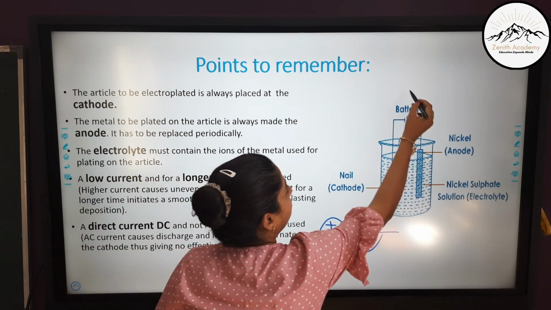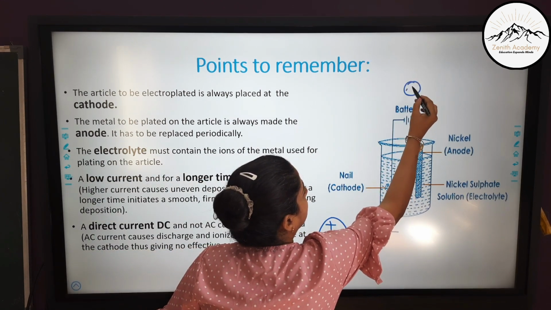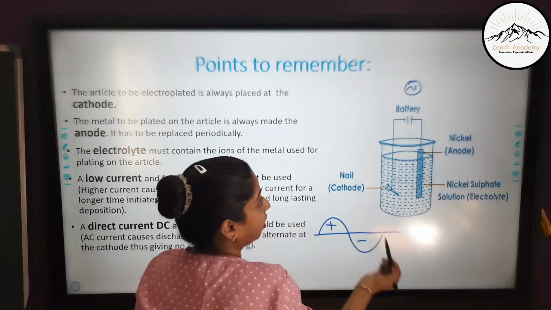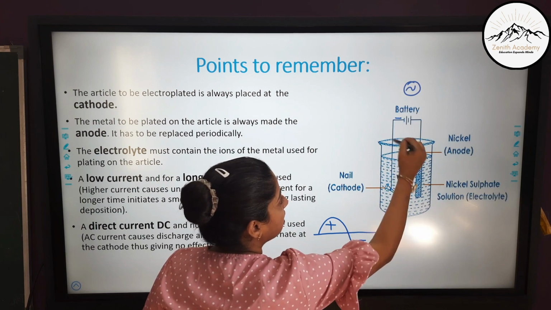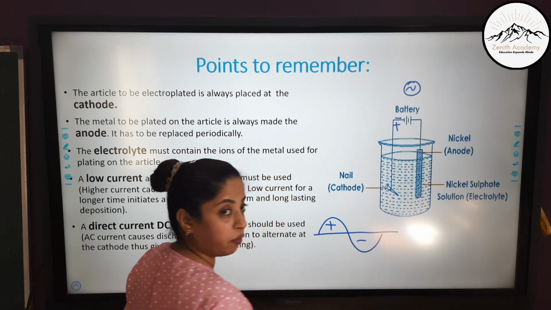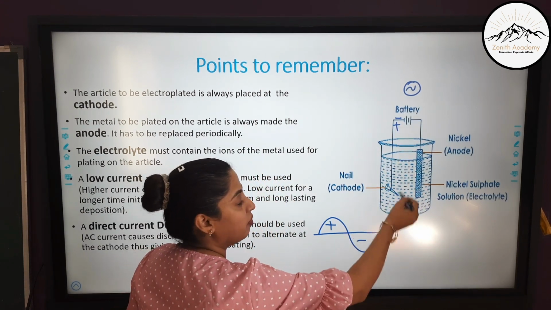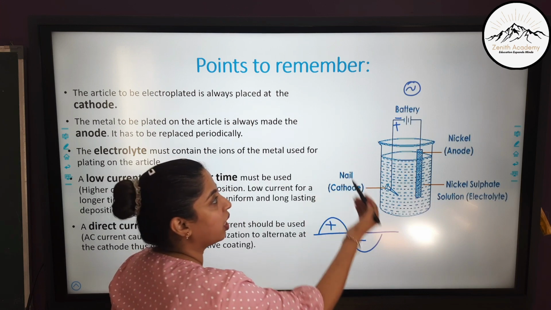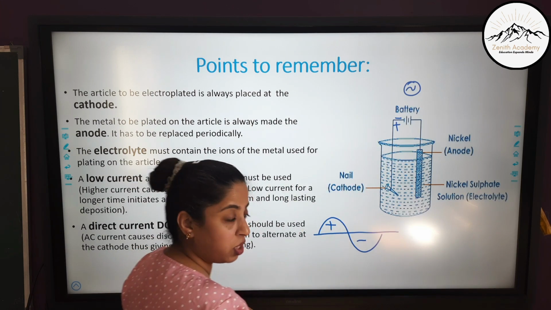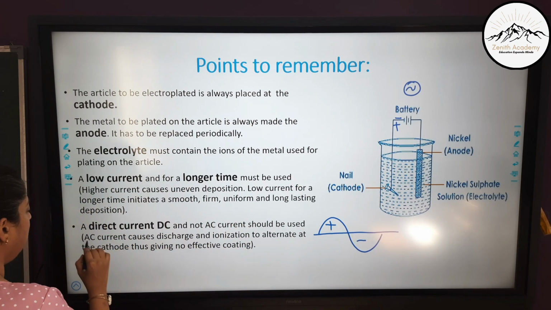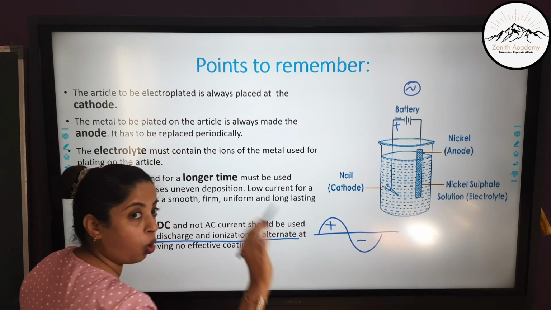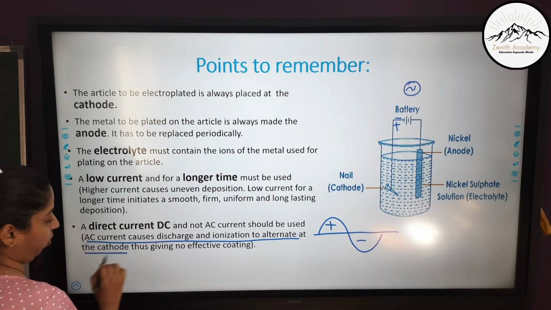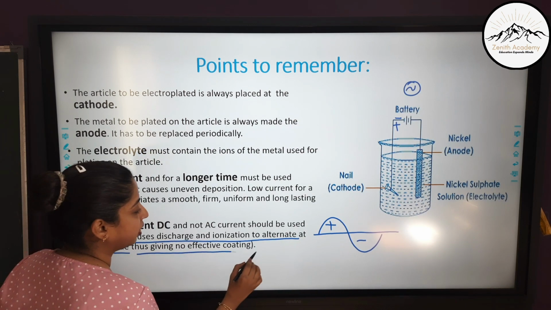If you had placed an alternating current here instead of this direct current, what would happen? For half cycle this is negative, for the next cycle this cathode becomes positive. So the metal will first get deposited and then again get ionized if it becomes positive. So AC causes discharge and ionization to alternate at the cathode, thus giving no effective coating.